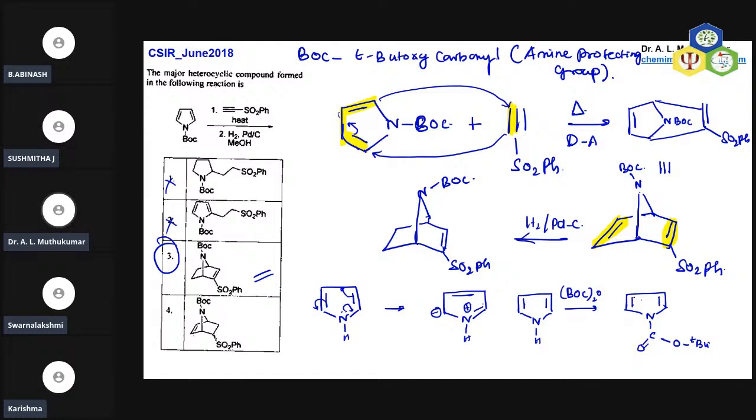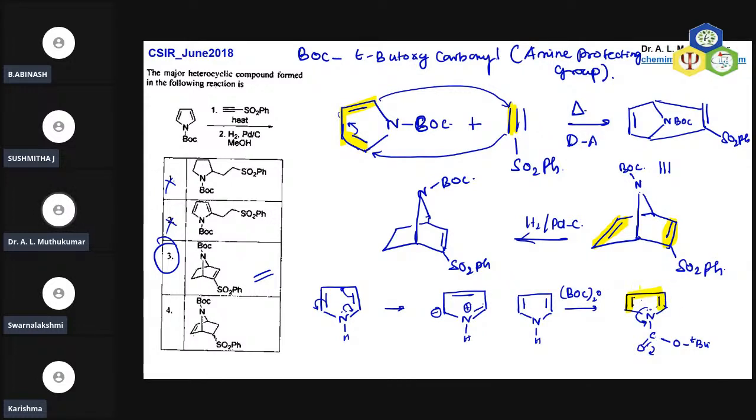Now you are introducing an electron-withdrawing group. If C=O is attached to this nitrogen, you are basically converting an amine into an amide. So this nitrogen lone pair will move towards the C=O, right? The involvement of this lone pair in the pyrrole ring will be reduced, slightly or about 50%. Now this diene will be perfect to undergo Diels-Alder reaction.